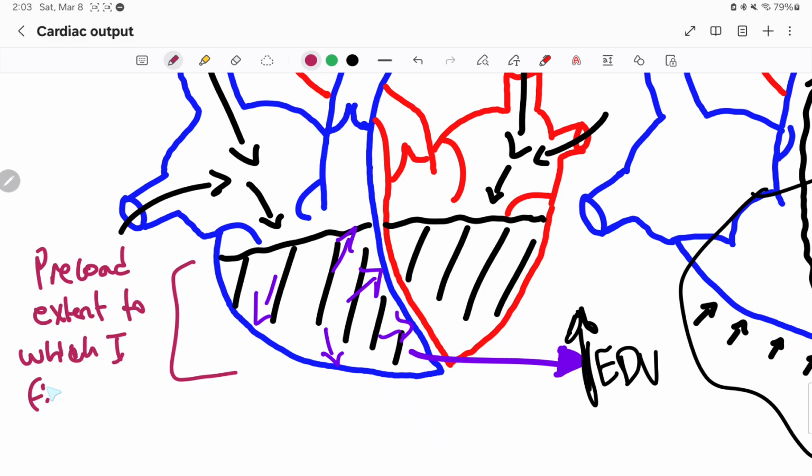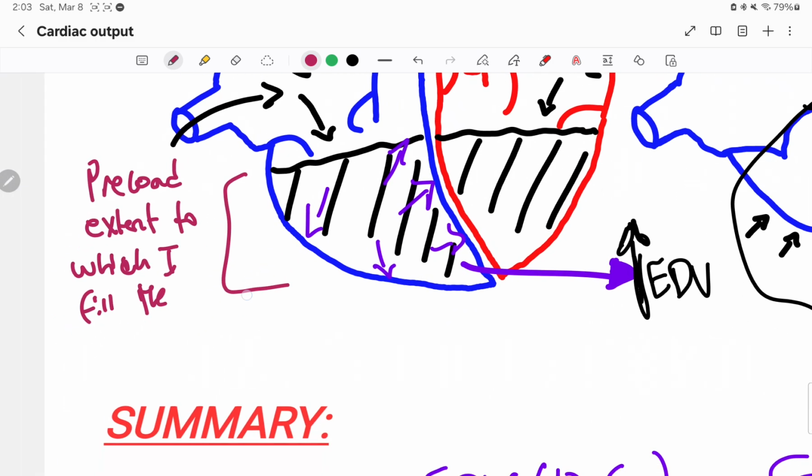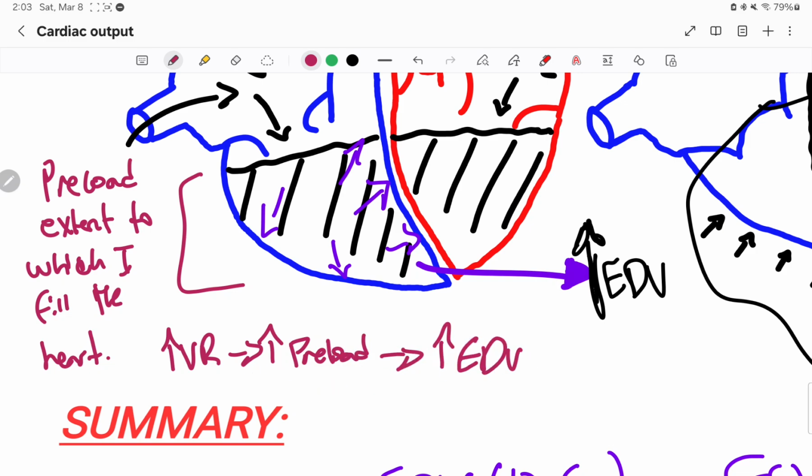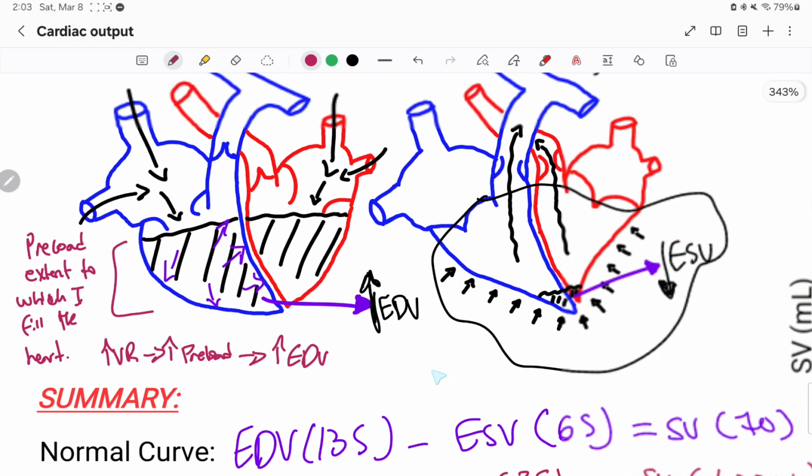So, as an example, if I increase my venous return, I am increasing my preload, or the extent to which I'm filling the heart, which will then increase my end diastolic volume. And that will increase my stroke volume.